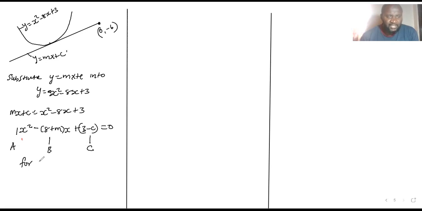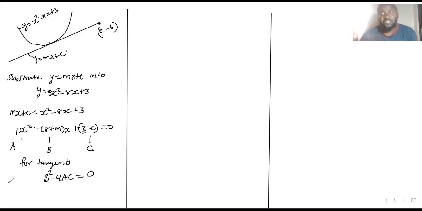But for a tangent, remember what we said for tangent? Yesterday we discussed that, I think, in the ellipse. For a tangent, b² - 4ac should be what? It has only one point of contact. So for a tangent, that is supposed to be equal, not greater.